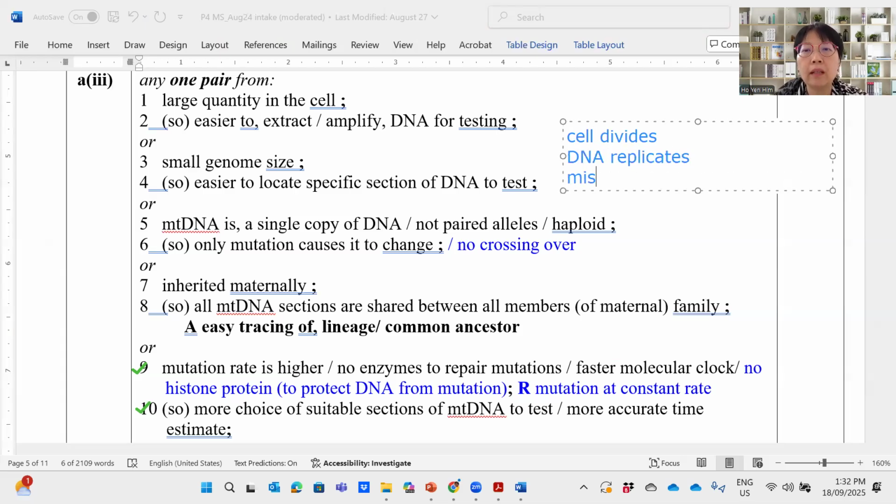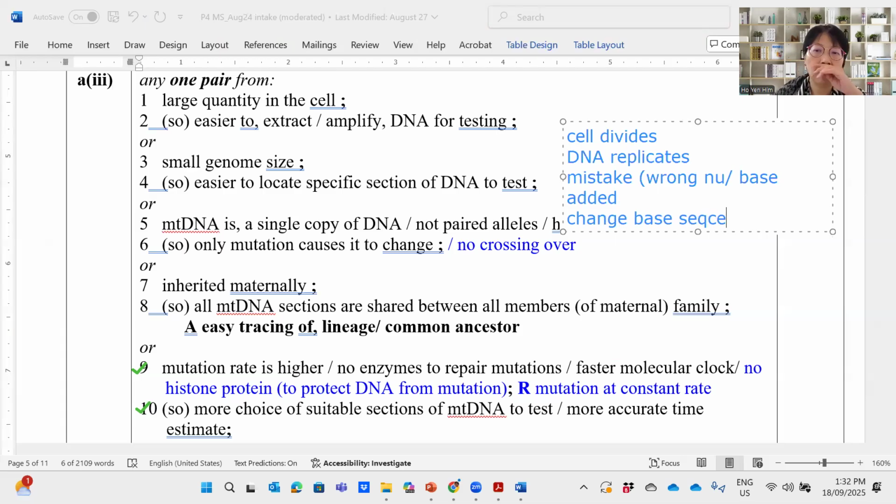Then there could be mistakes, in terms of wrong nucleotide or base added, leading to a change in the base sequence of the DNA. So the higher the rate of cell division, the higher the rate of DNA replication, the higher the mistakes, the higher the change in base sequence, the higher the mutation rate.